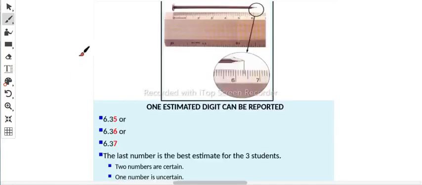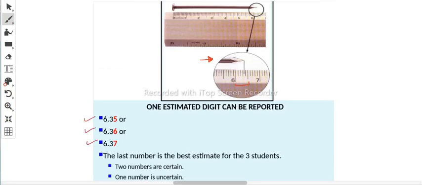So we have here a simple example. If I want to estimate the length of a pencil using a ruler, according to my small diagram here, you can find that the length is between 6 and 6.5. If different students read the number, we have more than one value estimated.